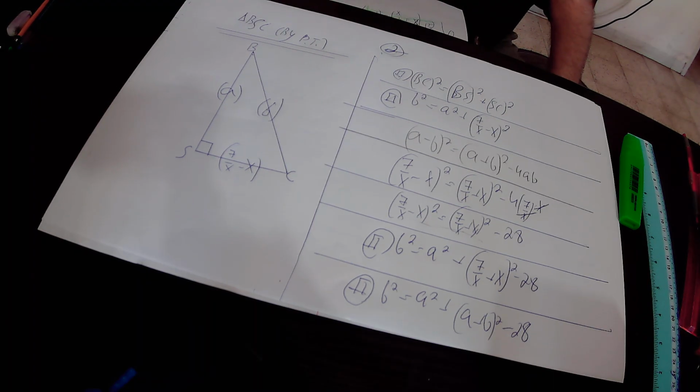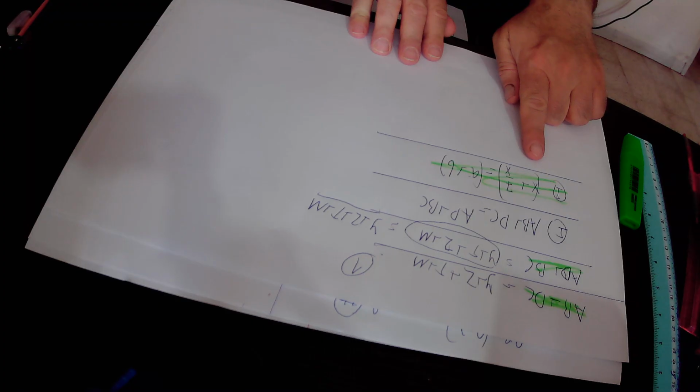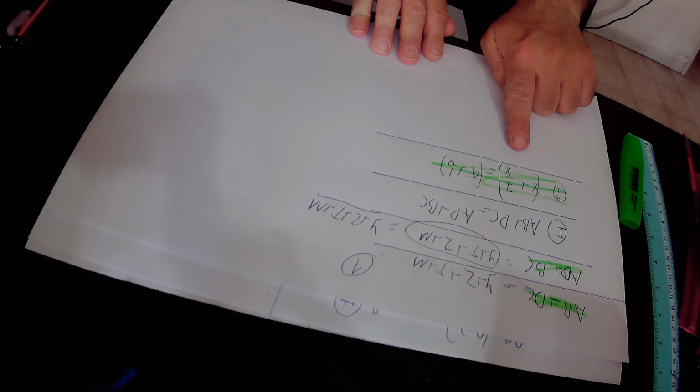But our mission is to turn this expression into the expression of 7 over x plus x. This is equal to a plus b according to equation 1.